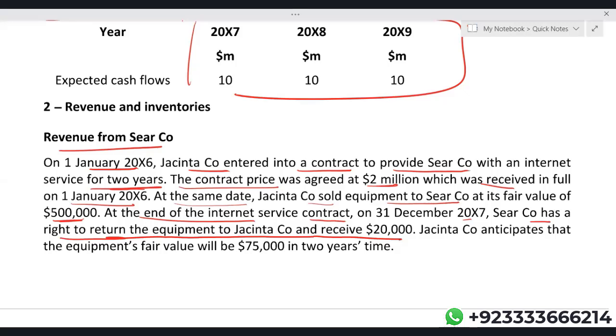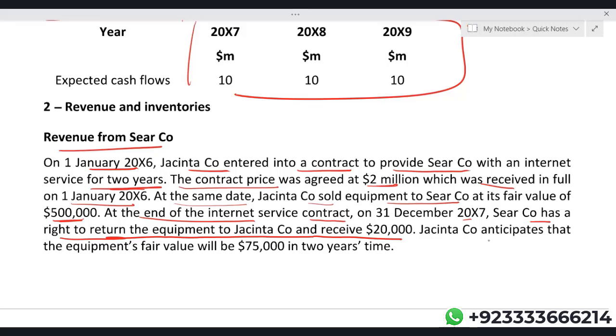But Share Company has a right to return that asset to Jacinta Company and get $20,000.